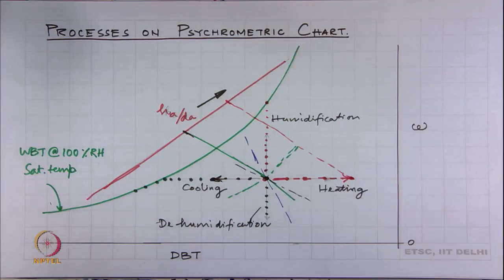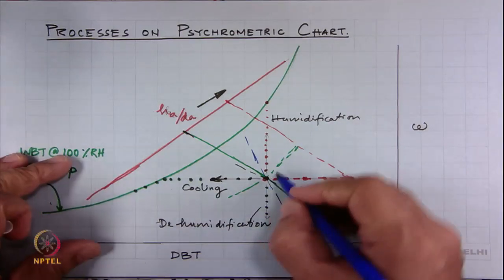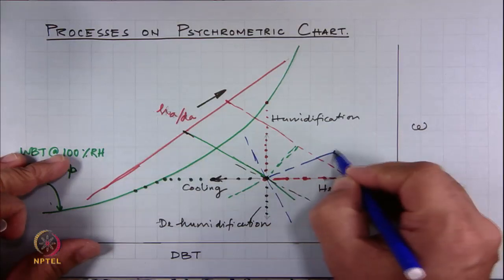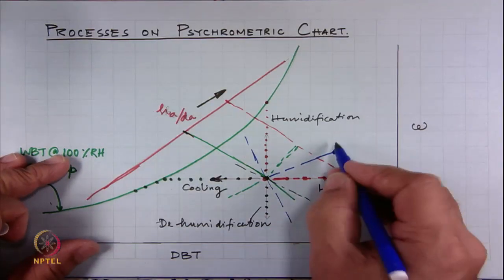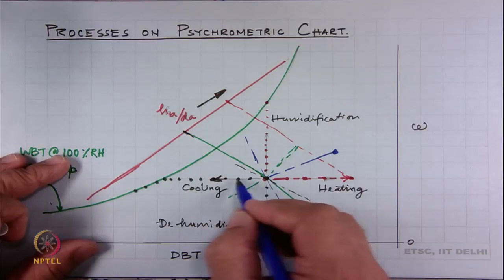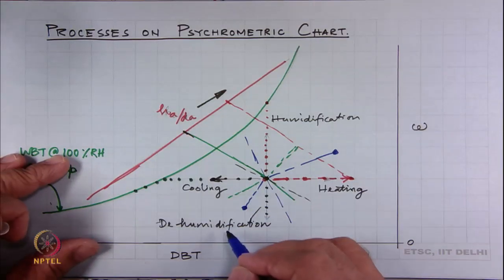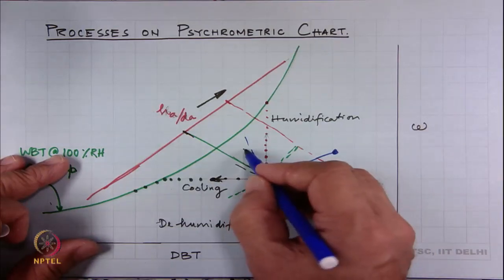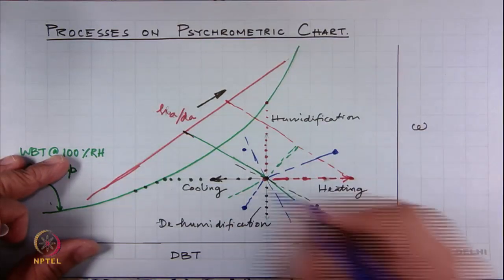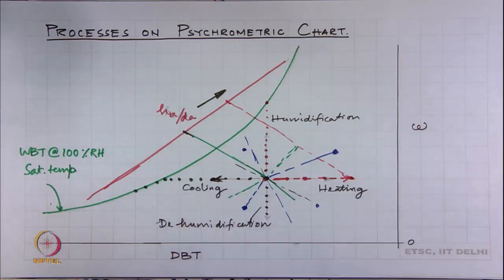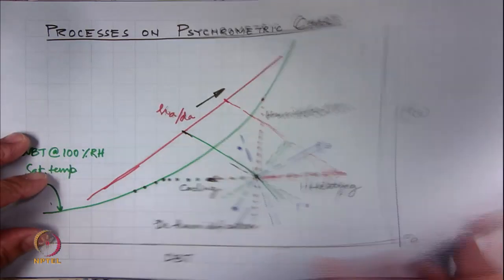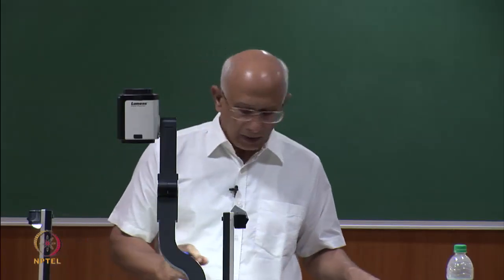So, we can still now have combinations of these, and we will just plot it to give a flavor of what is happening, that we could be starting from this state and coming to this state, which would be heating and humidification, or we could be starting from this state and coming over here, which would be cooling and dehumidification, or we can have a state going over there or going over there from this. So, these combinations will come, and that is the type of calculations one would do in an air conditioning system.